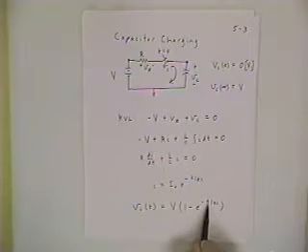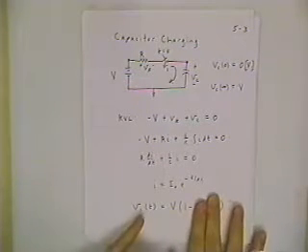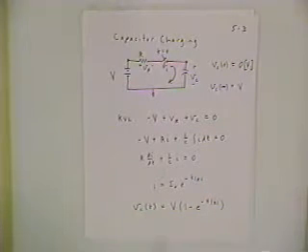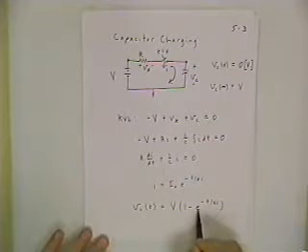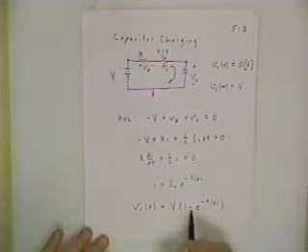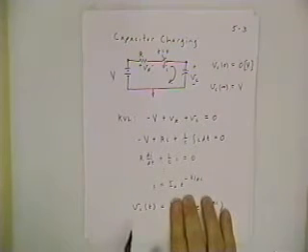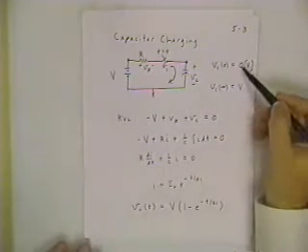Look at what happens at the limits. For t equals 0, this exponential term disappears. At t equals 0, e to the 0 goes to 1, 1 minus 1 disappears, and this whole term becomes 0. And I knew that had to be the case because my initial value, Vc of 0, was equal to 0.